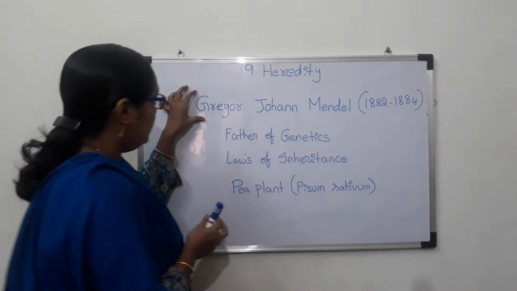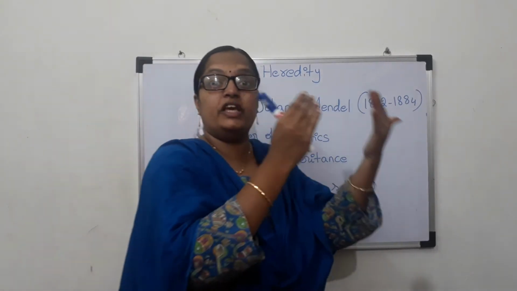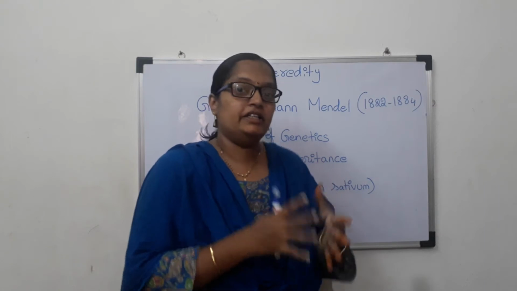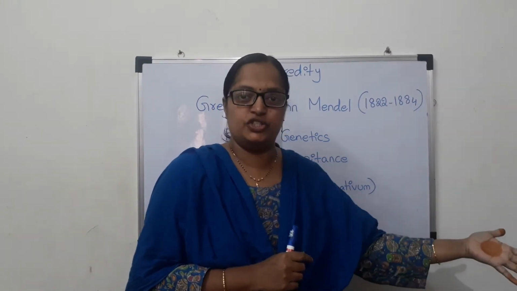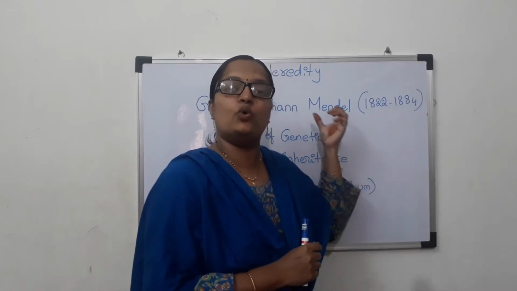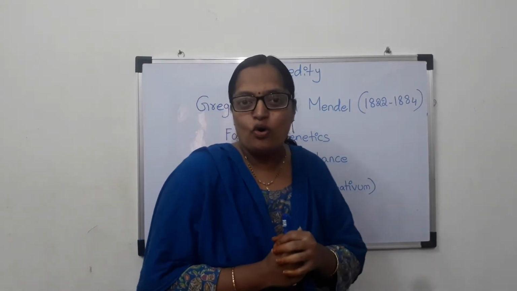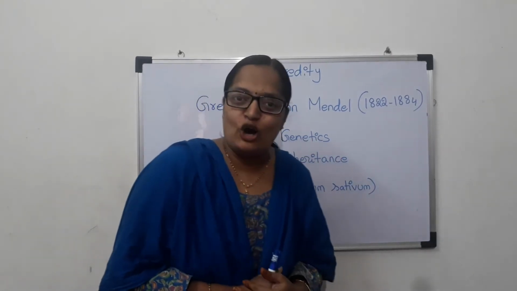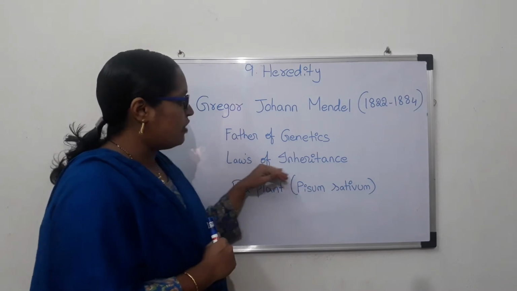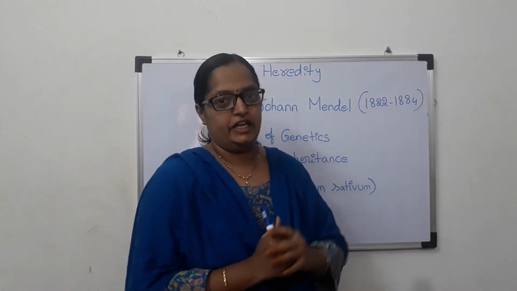He is the person who observed inheritance of characters, how a character is inherited from one generation to another generation. He is the first person who observed this in the Pisum sativum plant. So, he postulated many laws. These are called laws of inheritance, or Mendel's laws of inheritance.